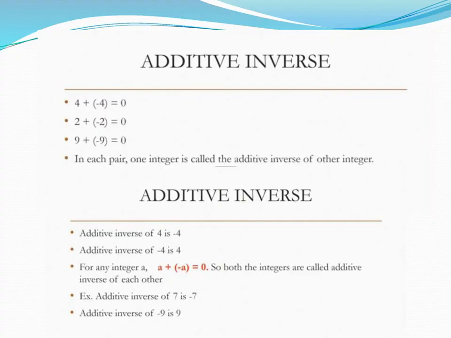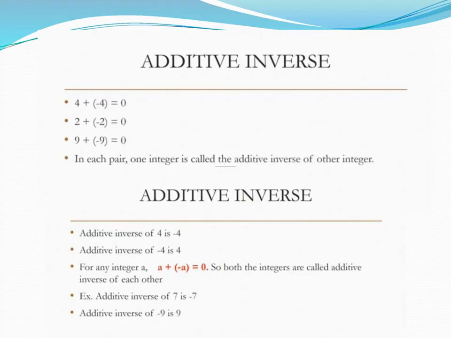Okay students, from these examples we conclude that in each pair one integer is called the additive inverse of the other integer. Suppose you take 4, the additive inverse of 4 is minus 4. And the additive inverse of minus 2 is plus 2. The additive inverse of positive 9 is minus 9.